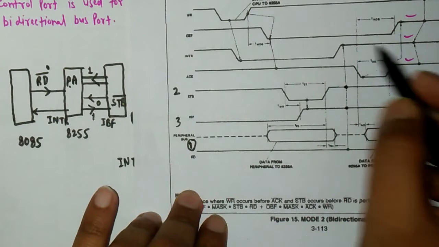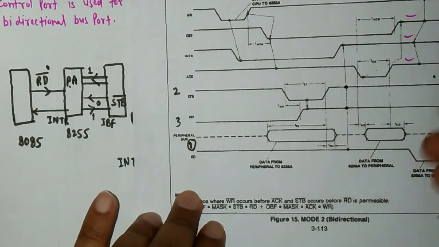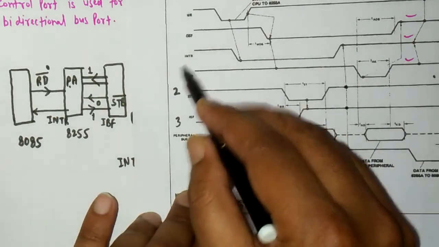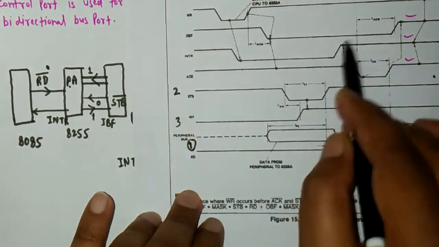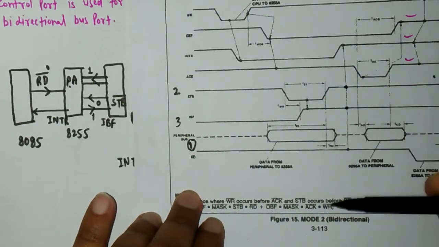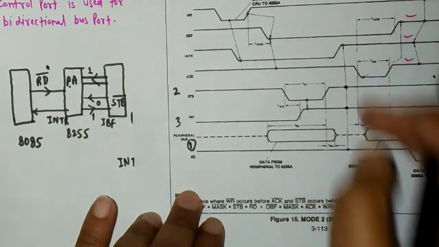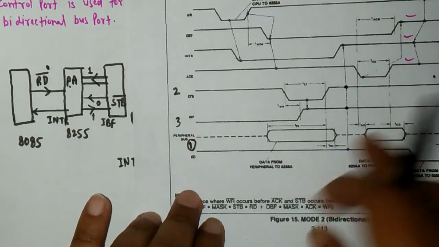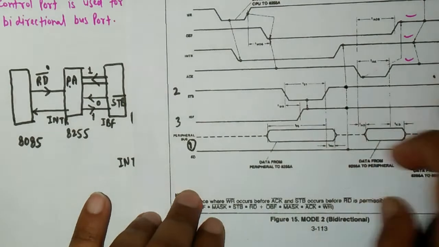This is INTR. Because in mode 2 the input and output diagrams are mixed here, the same INTR is used for input and output, indicating both things, but you can draw a separate interrupt signal in order to show it. I hope this is clear to you.